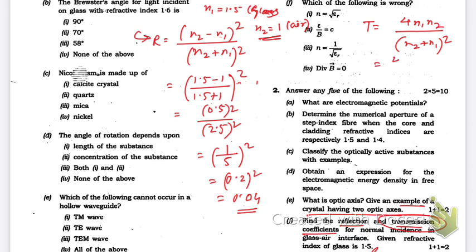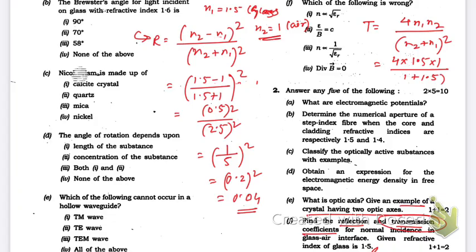So then 4 into n1, n2 is 1.5, sorry, here I had taken n1 and n2 wrongly, so let me replace it properly. n1 is 1.5, n2 is 1, then by (n2 is 1, n1 is 1.5) whole square.